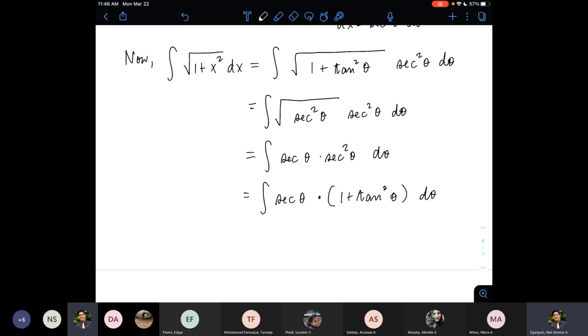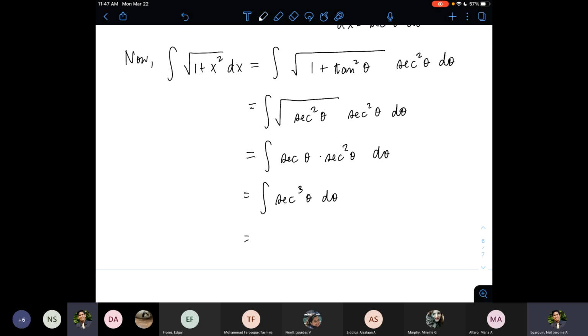If you were told to memorize secant cube, then you don't have to go through this long solution that I'm about to do, because this will involve either integration by parts or breaking this down into several pieces. So, okay, if you were told to memorize secant cube, then I'm going to follow that.